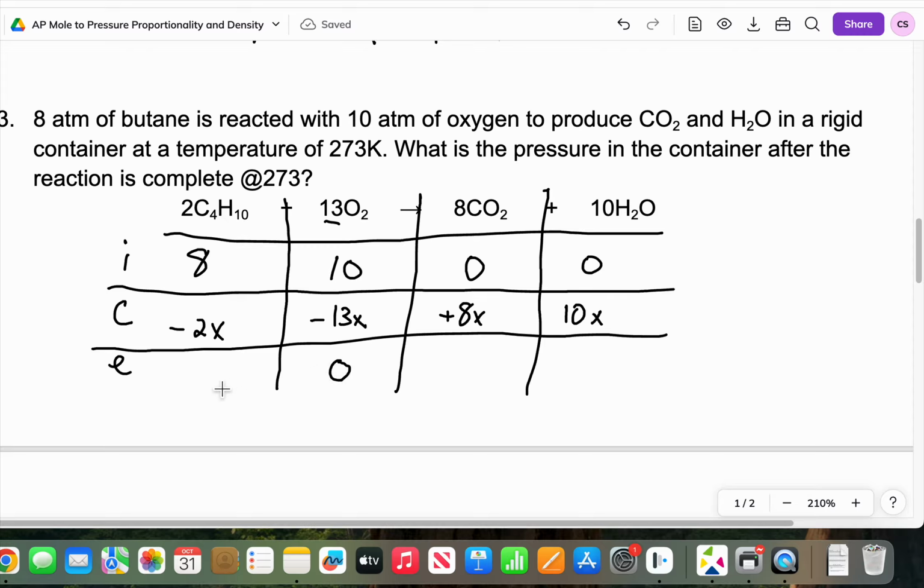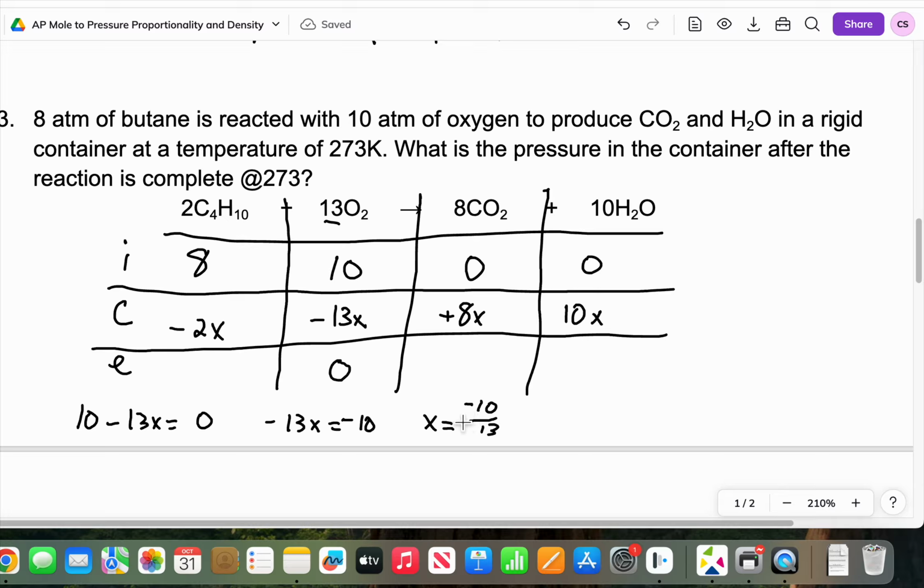Now I've got to do this math problem. I've got to figure out what x is. So I'm going to go 10 minus 13x equals 0. Then I move things around, so I get negative 13x equals negative 10. So I get x is equal to negative 10 divided by negative 13.